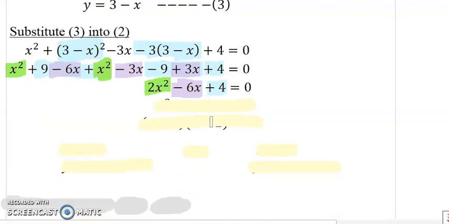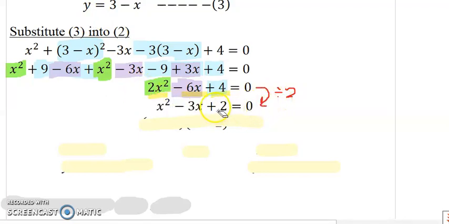From the quadratic equation that we have, we try to solve it. Before I solve it, I notice once again there is a common factor of 2 between the x squared term, the x term, and the constant. So I'm going to divide the equation by 2. Therefore, I have x squared minus 3x plus 2.